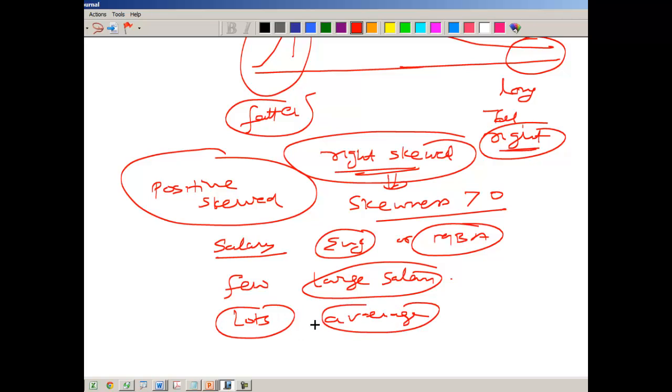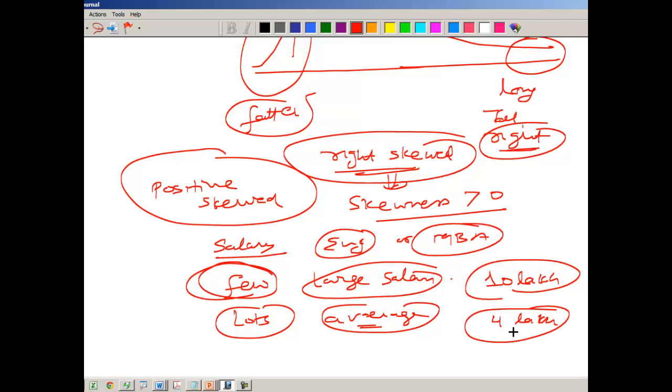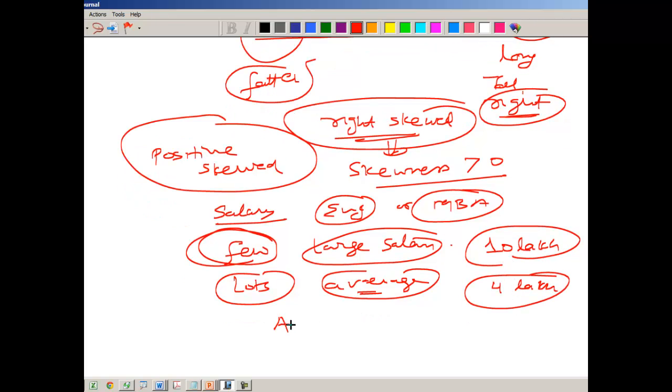Let's say a few students get salaries like 10 lakhs, and lots of students get around 4 lakhs. Because of these few students, the average salary becomes very high.